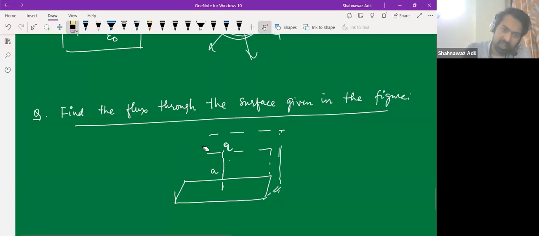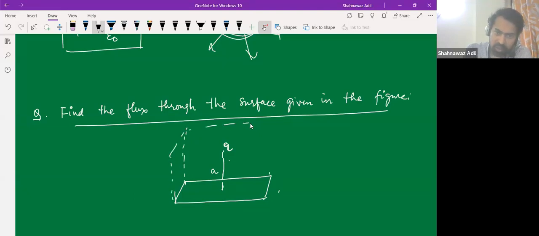Let's draw it properly. This thing, and this thing, this thing, this thing. So now this is a closed surface, right?